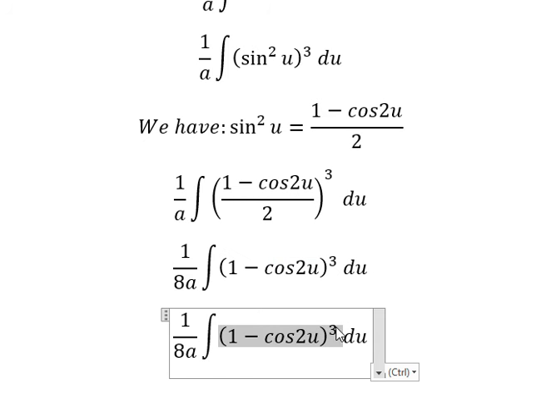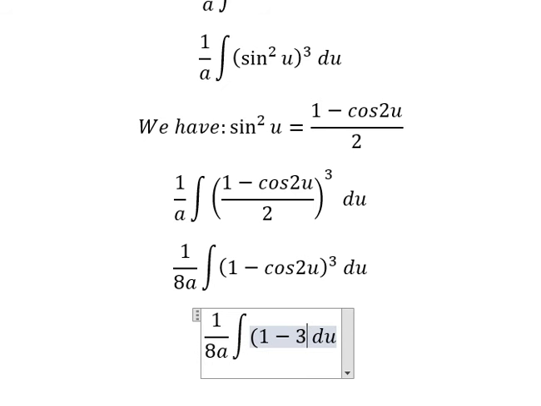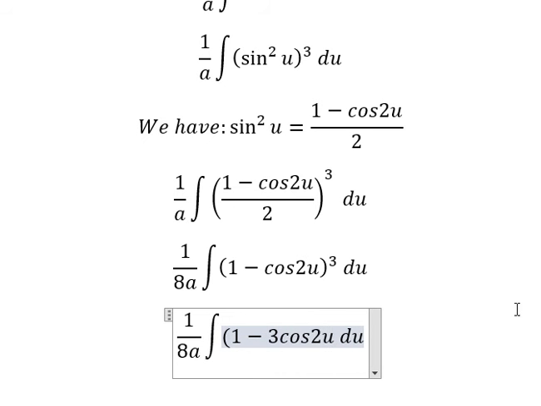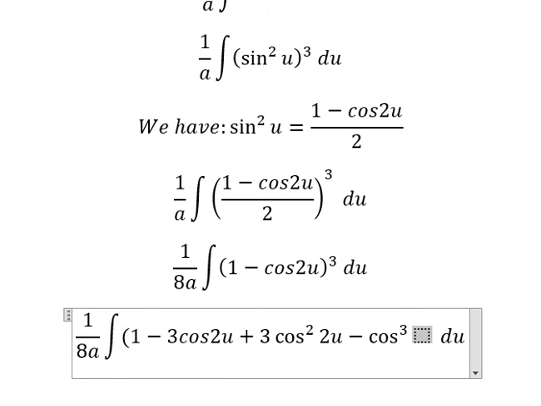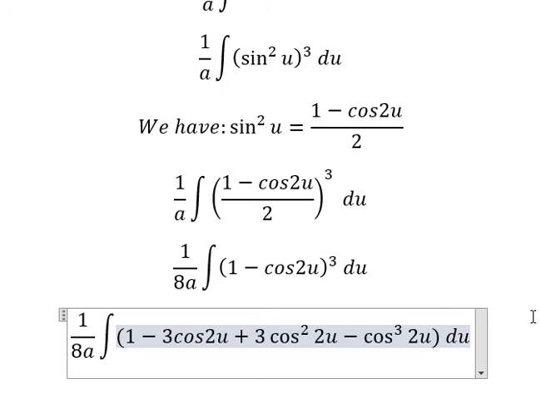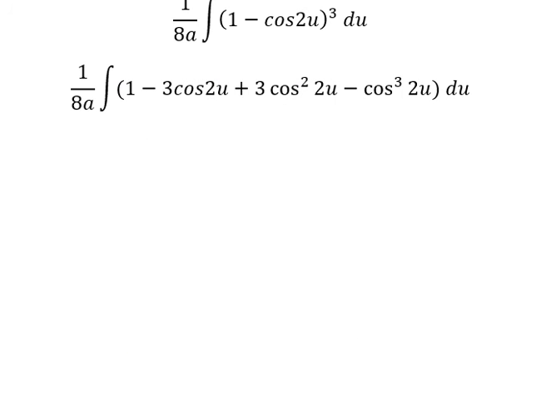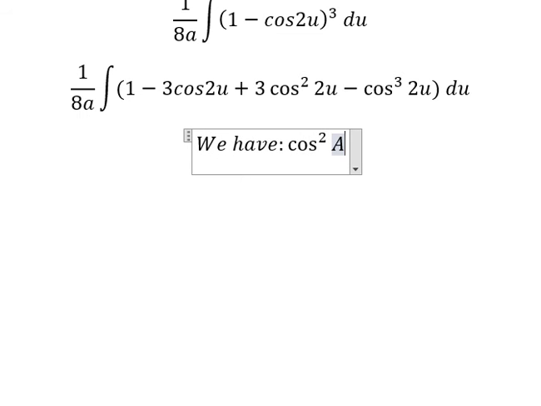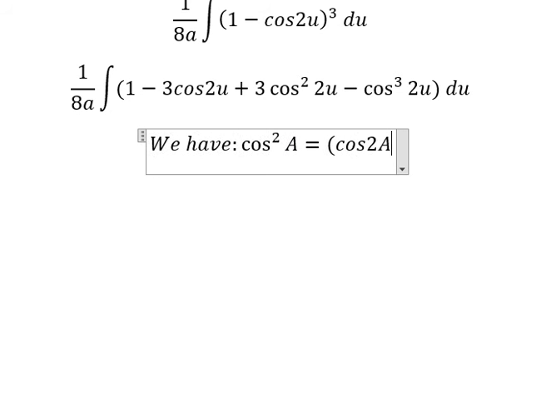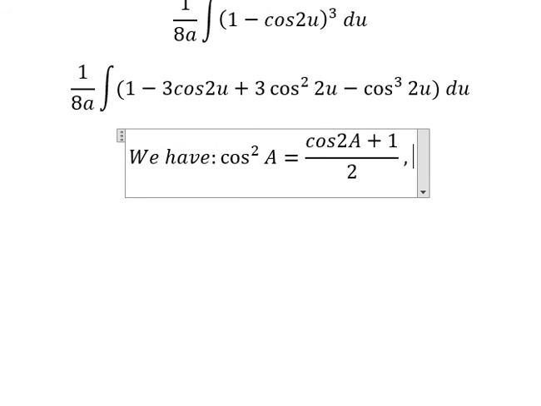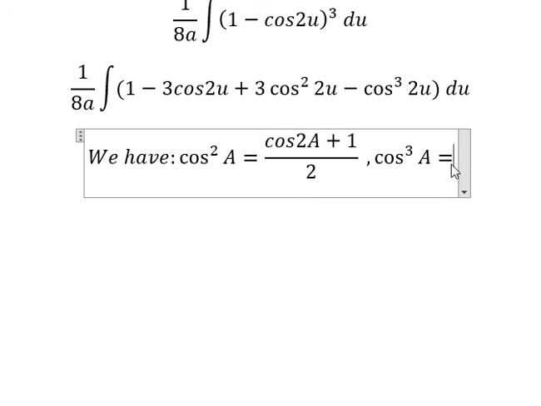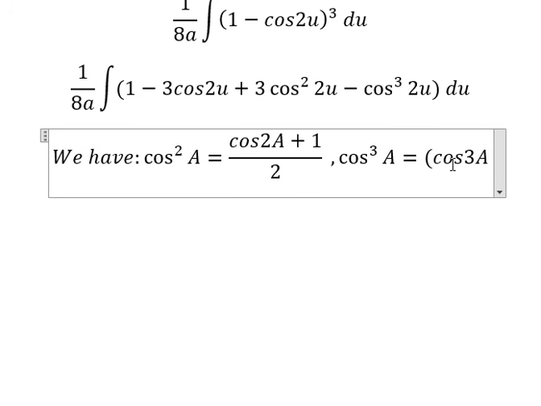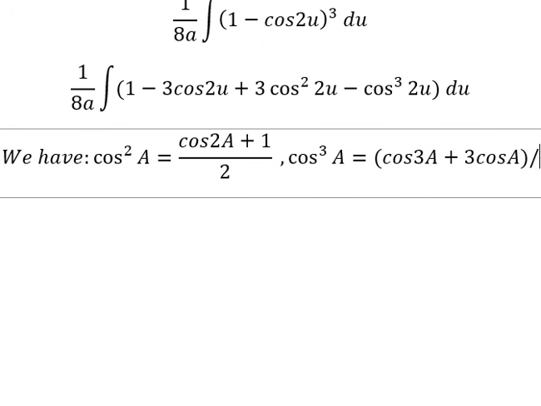Next, we need to expand this one. Now we have the formulas here: cosine squared 2u equals cosine 4u plus 1 over 2, and cosine cubed a equals cosine 3a plus 3 cosine a over 4.